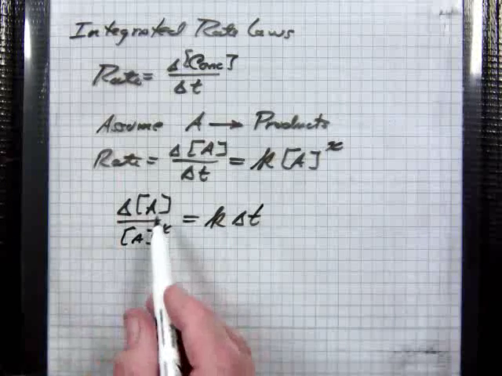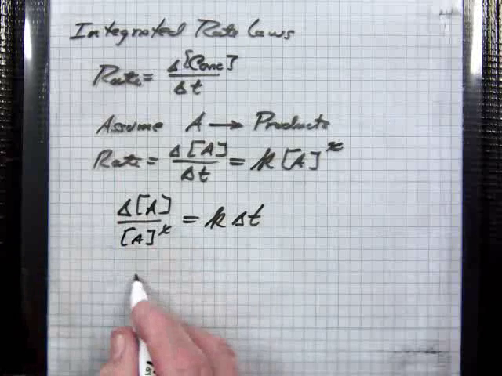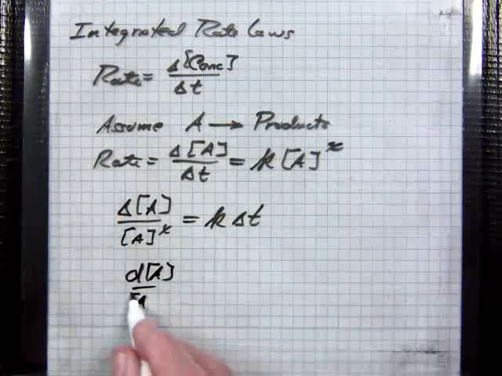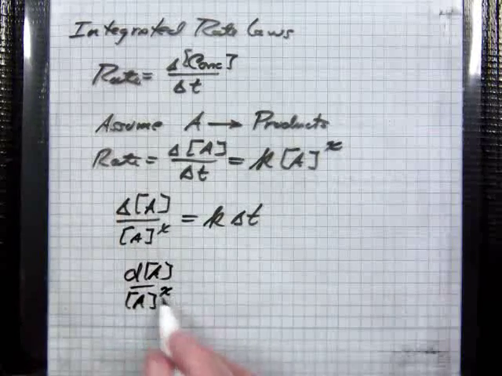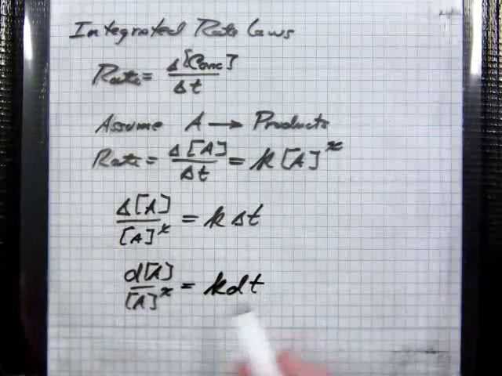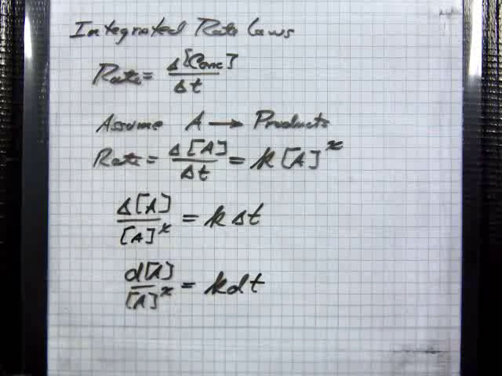When we put it into the integral relationship, it is dA over A raised to the x power equals k dt. So we have concentration as a function of time, is what the relationship is telling us.